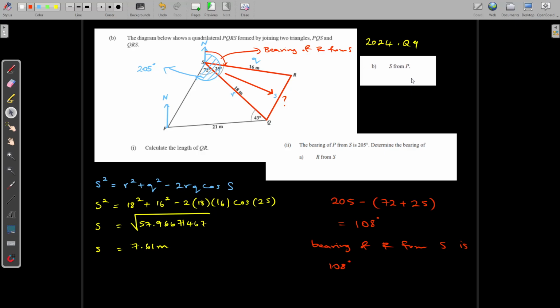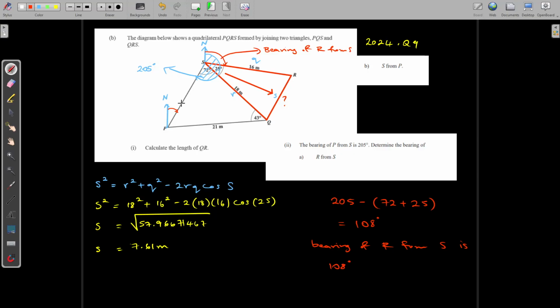Bearing of S from P. So S from P would be this little angle right here, correct? Is that what we want to find? Yes, sir. So what do we know that can assist us?